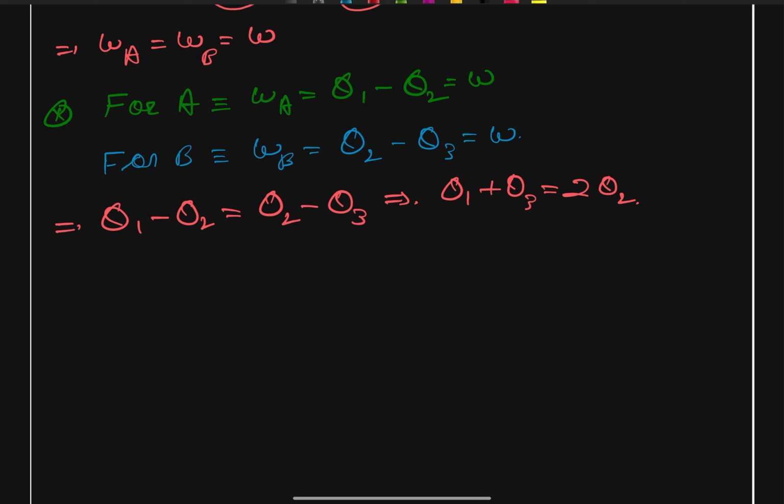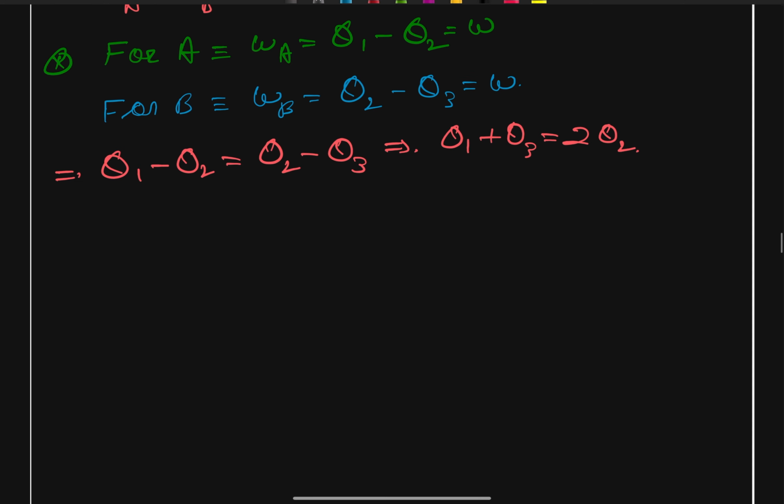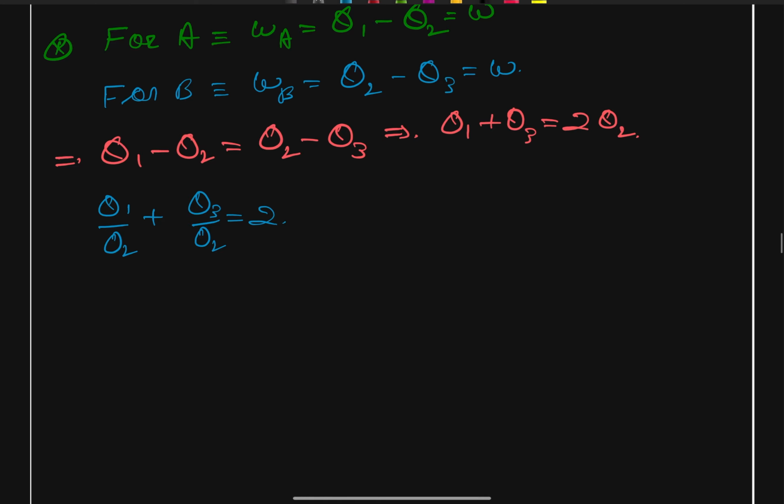We can also write it in the form of a ratio: Q1 upon Q2 plus Q3 upon Q2 is equal to 2. With respect to temperature, the heat is temperature dependent. So Q1 will be T1, Q2 will be T2, and Q3 will be T3, so T1 upon T2 plus T3 upon T2 is equal to 2.